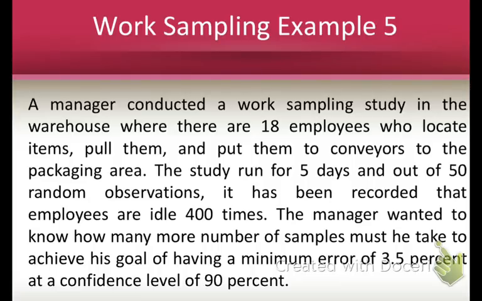Now, looking at our example, you might wonder, why is it idle 400 times? Take note that you have a total of 18 employees, and each employee made 50 random observations. So, our total number of observations will be 18 times 50.